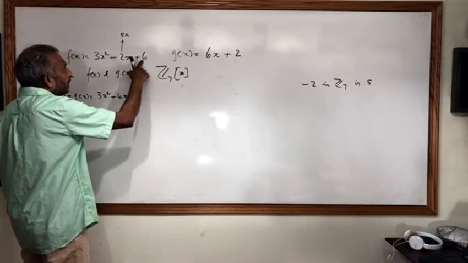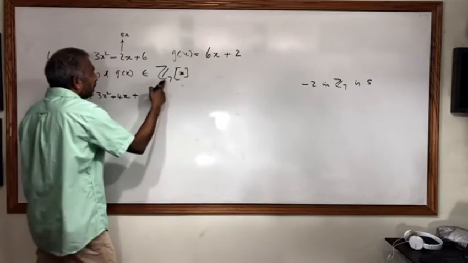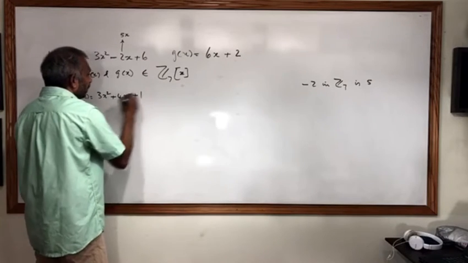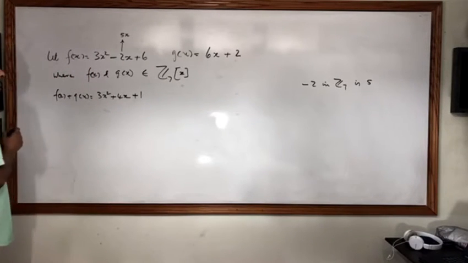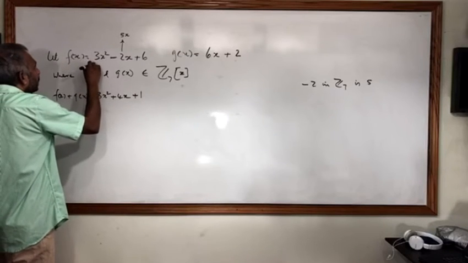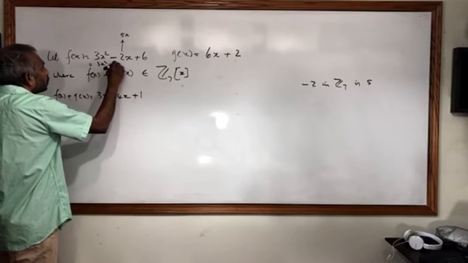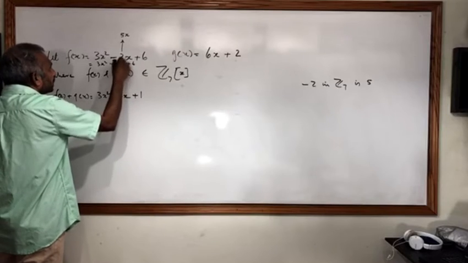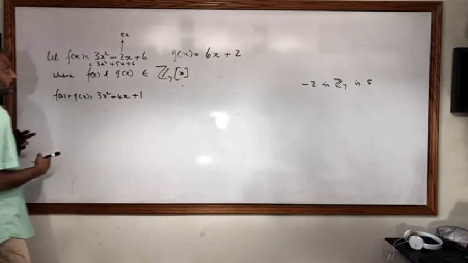Plus 6 plus 2 is 8, mod 7 is 1. So we can write this one as 3x square plus 5x plus 6. Both are the same in Z7 of x.